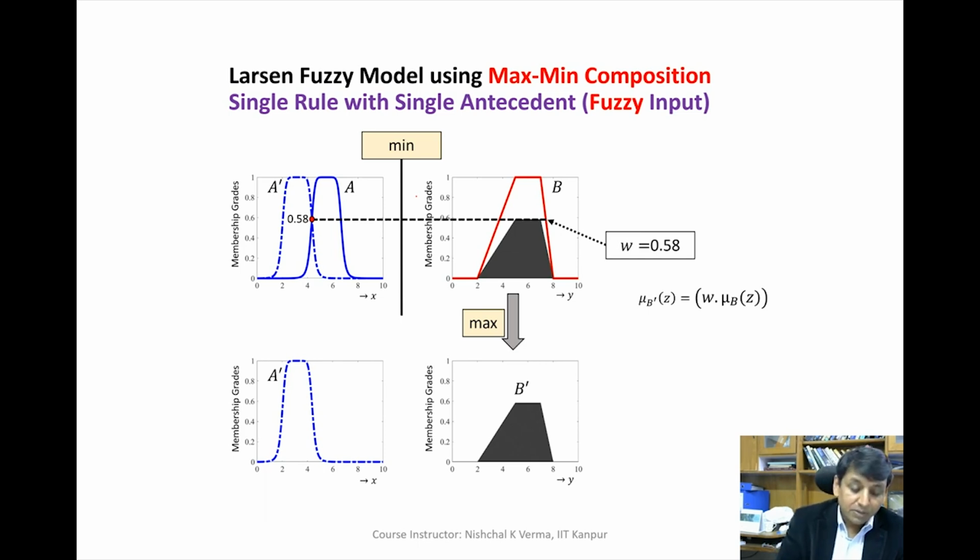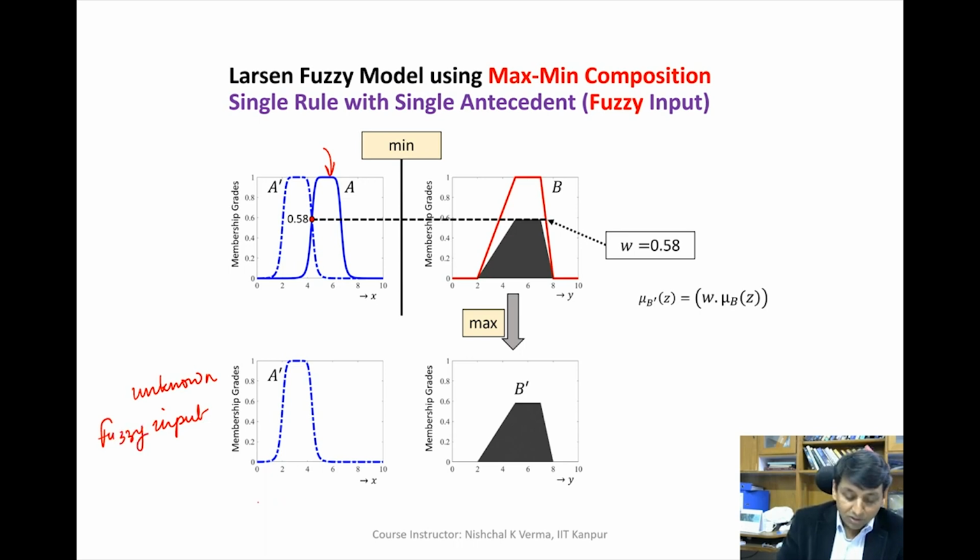As we have already seen in the Mamdani model, we have the premise part, the antecedent, x is A. This is already known. Now this input is coming. This is the unknown input, and this unknown input is a fuzzy input.